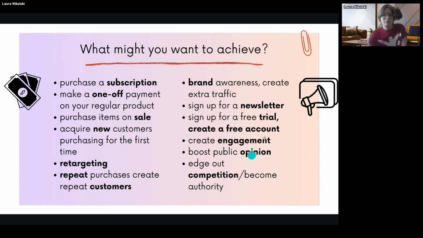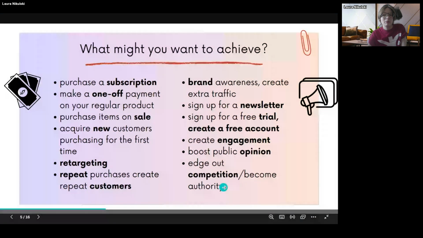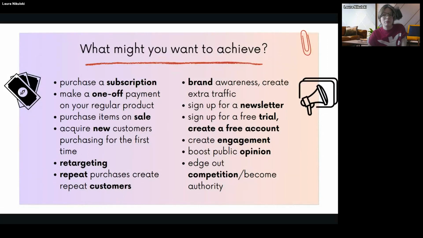Or maybe you just really want to get rid of competition. Maybe you want to become an authority on a certain product niche or range. So these are all marketing goals that you might have, and they're all quite different, right? So for that, you need quite different data in that sense.